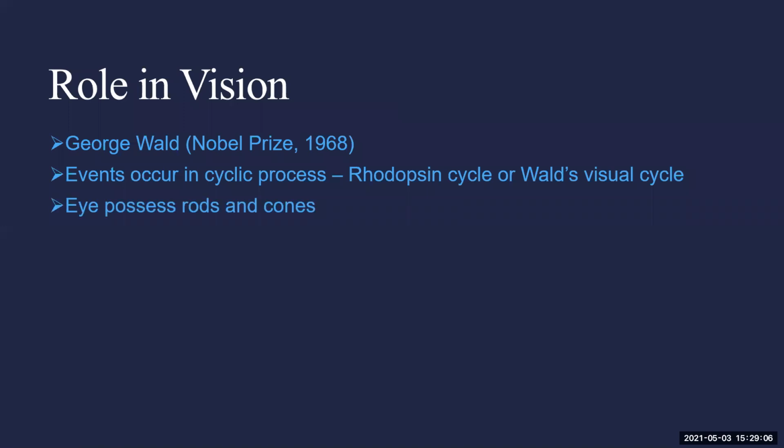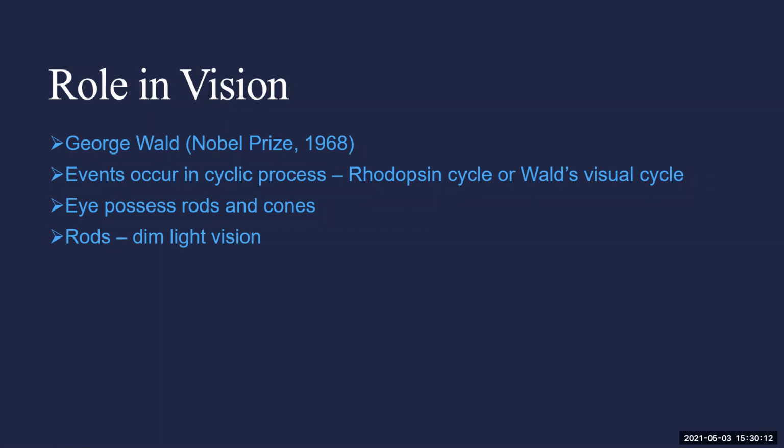Right. So we all know that the eye possesses rods and cones. This is the anatomy of the eye. Our eye contains rods and cones, which play a very important role in catching light and color. Each of these has specific functions. Rods are very important for dim light vision.